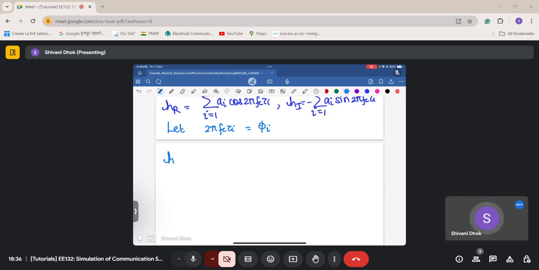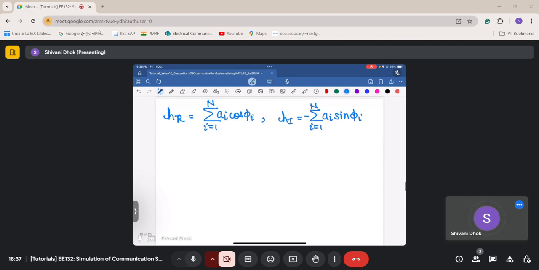So then your hr is summation i equal to 1 to n ai cos phi i, just to avoid writing the 2 pi fc tau i multiple times. And your hi will be equal to minus summation i equal to 1 to capital N ai sin phi i.